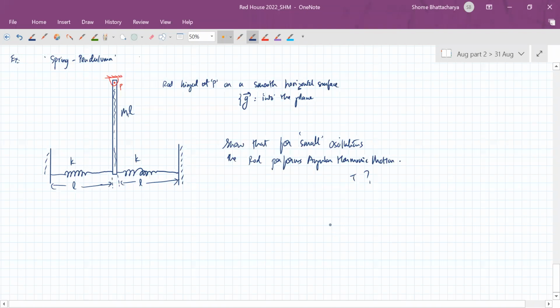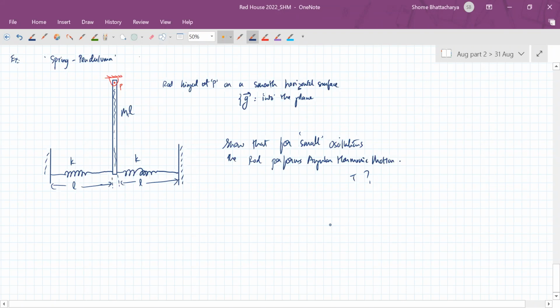So again, you'll see that we have to somehow use the small angle approximation. This time, in this equilibrium position, mg is going into the plane and the normal reaction coming out of the plane is balancing it. And the springs are both at natural length, so there is no net force because of the springs. So the whole system is in equilibrium. But if you rotate it by an angle theta on either side, you will see that the spring forces will create a restorative torque.